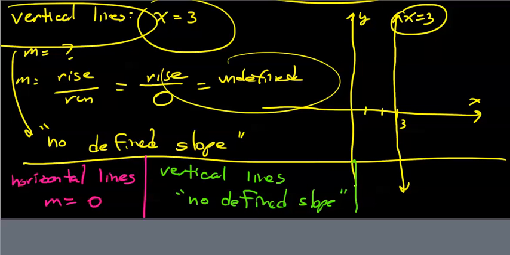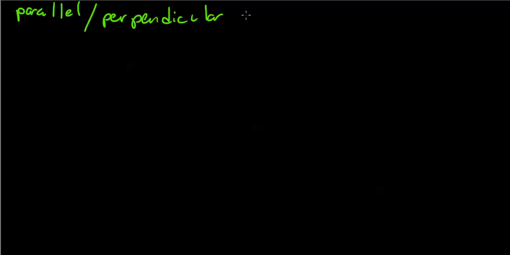Alright. One more subtopic I want to talk about before we call it a day is parallel and perpendicular lines. Let me get a fresh screen here. Parallel and perpendicular lines.